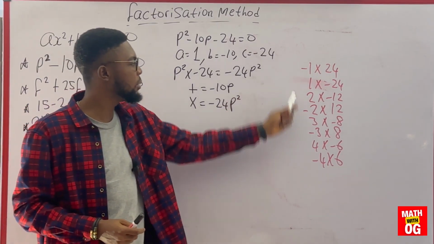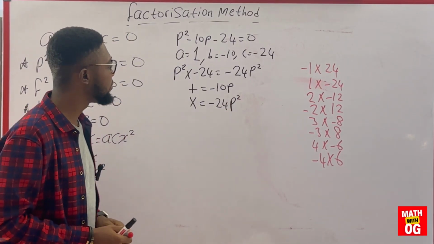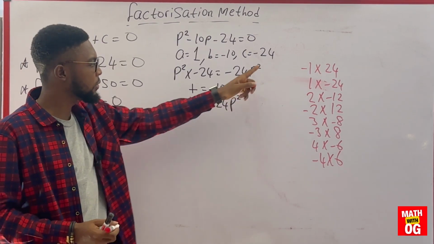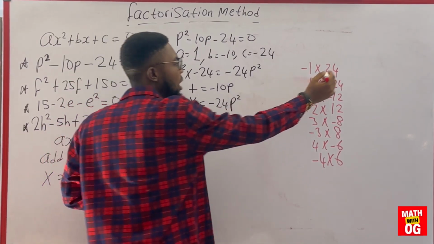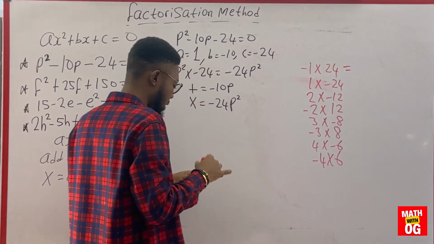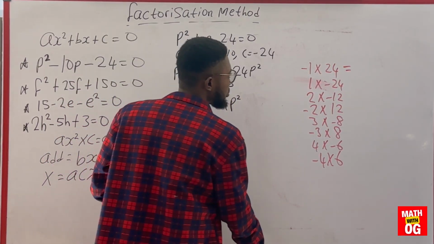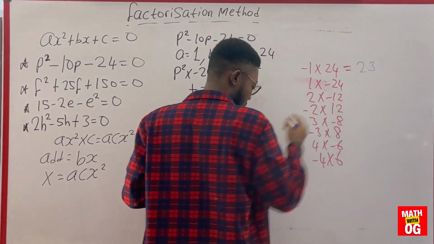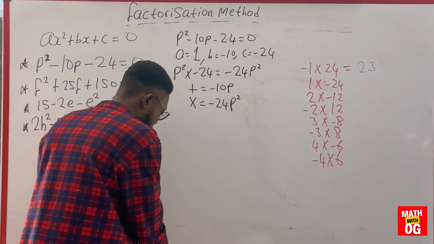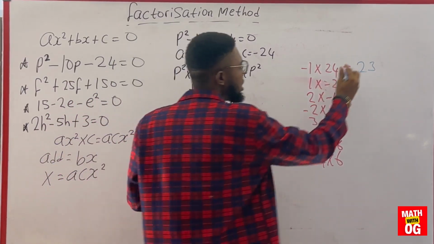Now check which of them will add up to give you negative 10. 24 minus 1 will give me 23.